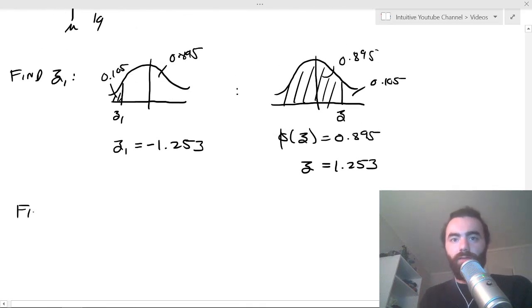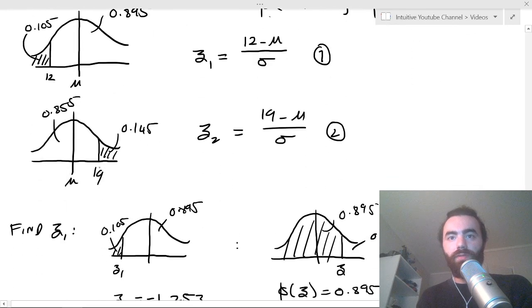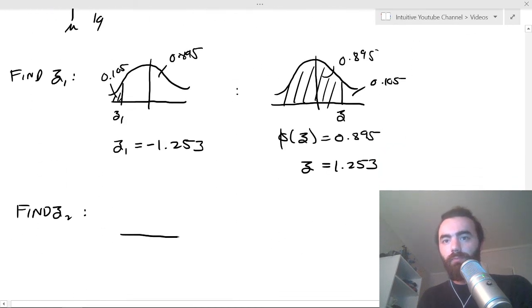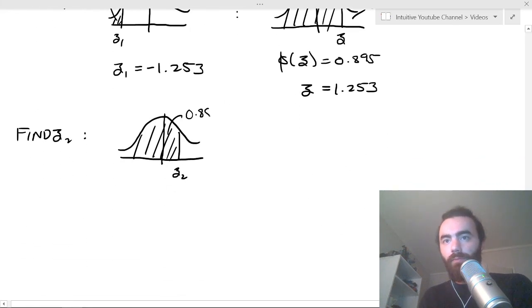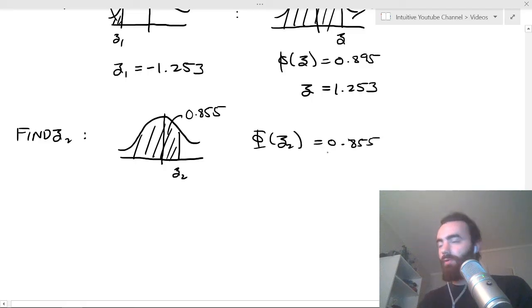So then let's find z2. Well, z2 will just be the z-value which corresponds to an area of 0.855. So what z-value corresponds to the area of 0.855?